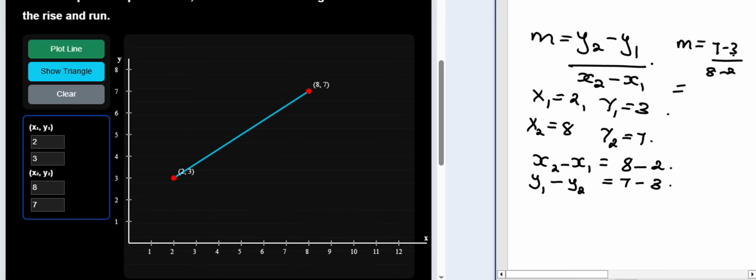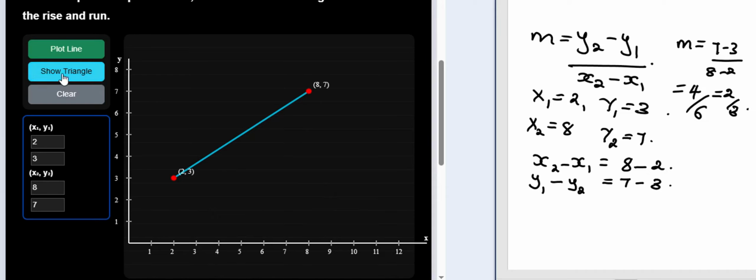And it gives us 7 minus 3 is 4, divided by 8 minus 2 is 6, which I can divide by 2 on both, which comes to 2 over 3. So the gradient of this line becomes 2 over 3.